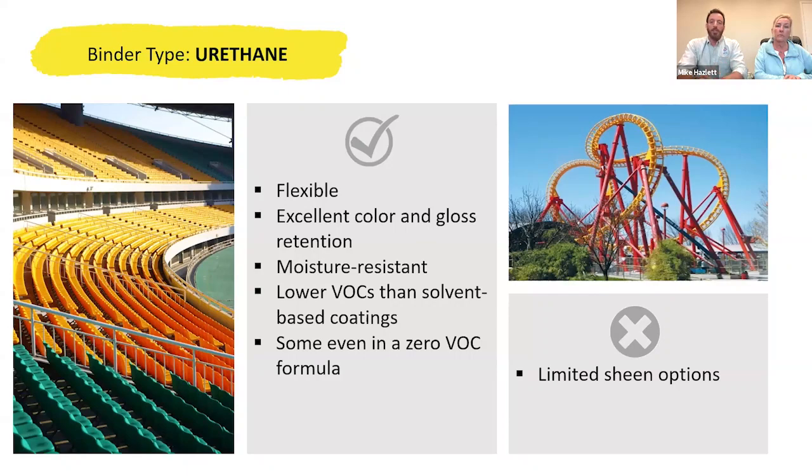And with that, we're still achieving those low VOCs and zero VOCs. So yeah, urethanes are great for high traffic areas. If you have a very busy walkway, an area that is like your social area for outside by pools, railings, anything like that, because of the color and gloss retention and the moisture resistance, it's an excellent product for high traffic. Yeah.